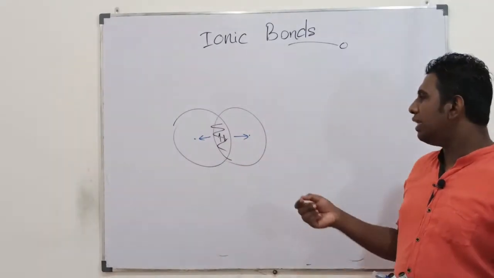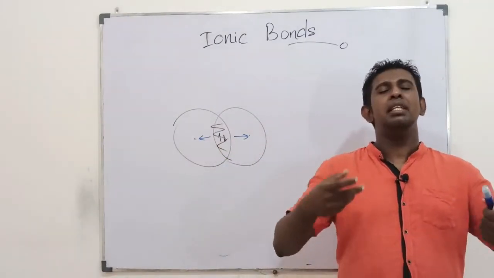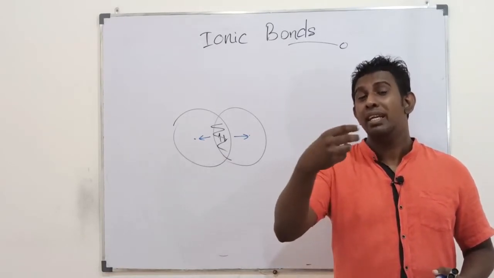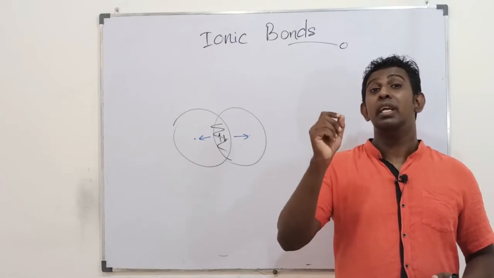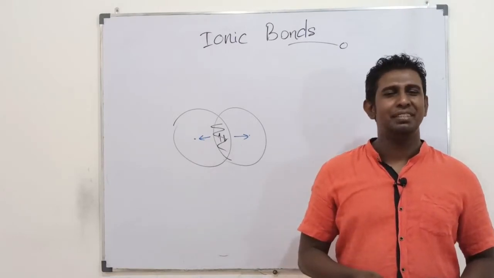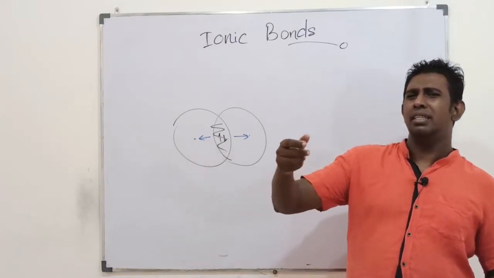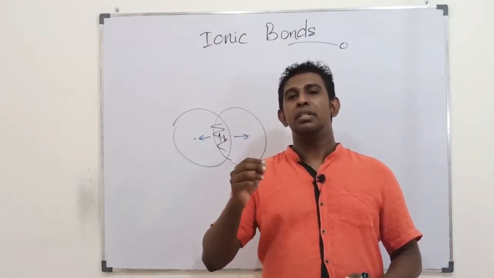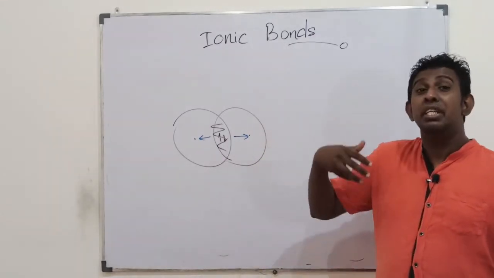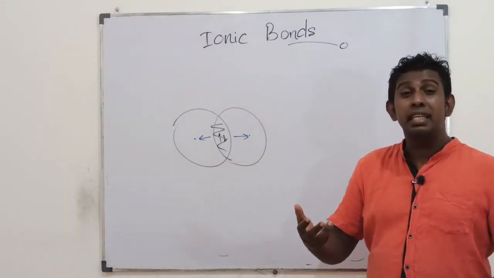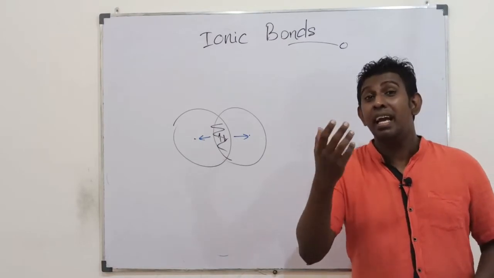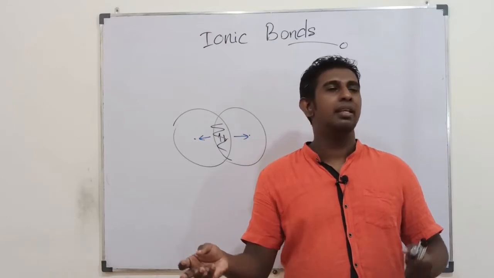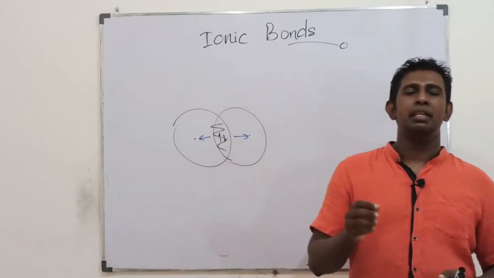Students, electronegativity is the ability or affinity to attract the bond electron cloud towards the nucleus of an atom. So we have talked enough about electronegativity, but this is the place they introduced the concept to explain how some atoms form covalent bonding while some other atoms form ionic bonding.